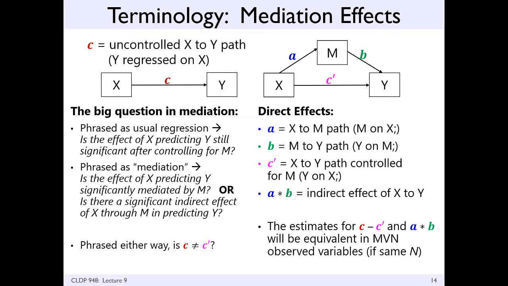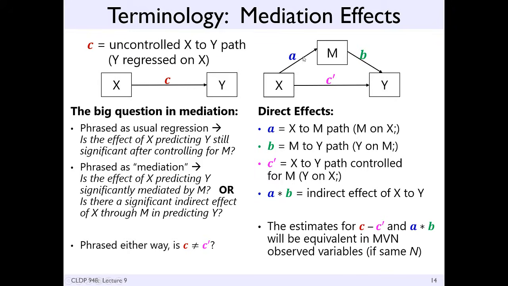So you may have been taught mediation in your regression class. Did anybody do this? Yeah. And you did it like in SPSS or something in chunks? Yeah. So if you needed to do this in software where you can only look at one outcome at a time, you'd run a model of x predicting m, you'd run another model with x predicting y, and then a third model with x predicting y and m predicting y, and that would give you these things, and then you can throw it into some kind of macro that someone wrote for you to get the right math to do the test of the indirect coefficient.